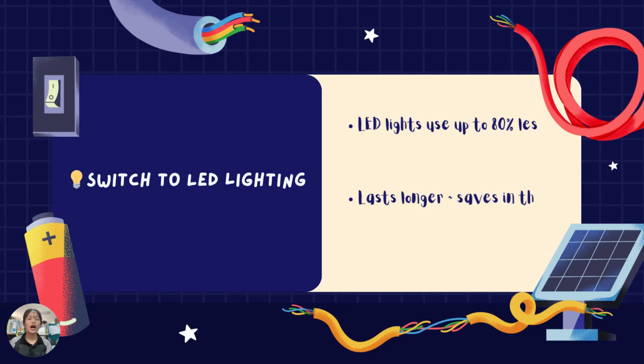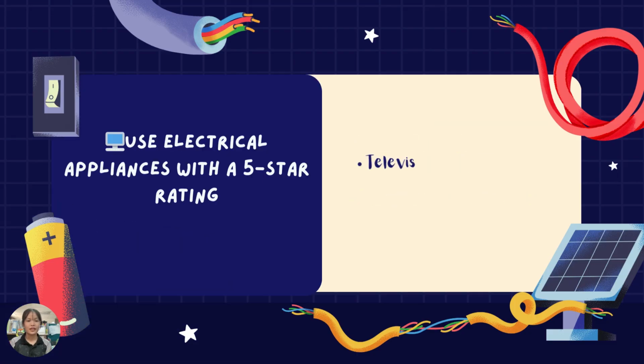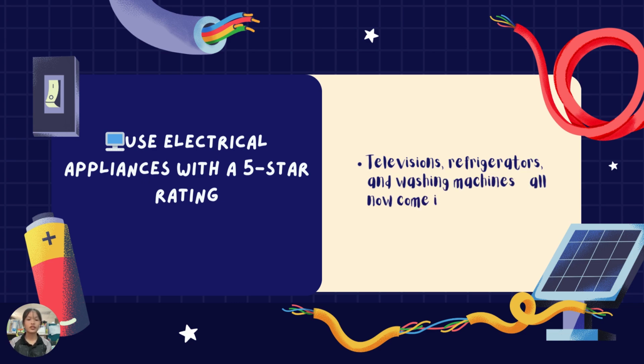Now, how do the electricity saving strategies help? First, switch to LED lighting. LED lights use up to 80% less energy compared to conventional bulbs. They also last longer and save money in the long run. Second, use electrical appliances with a 5-star rating. Televisions, refrigerators, and washing machines now come in energy efficient versions.